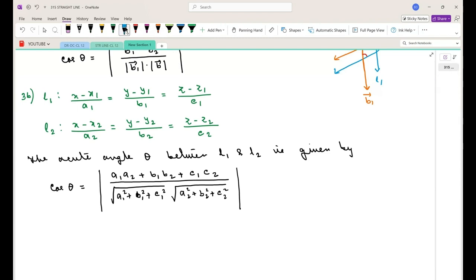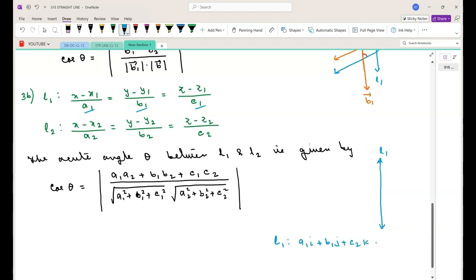So suppose this is your L1. Now since the DRs of L1 are A1, B1, C1, in the vector form, L1 can be represented as A1 i plus B1 j plus C1 k.